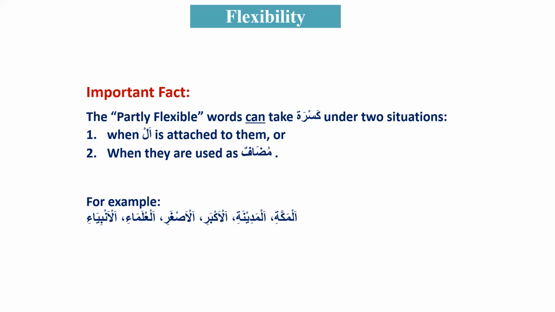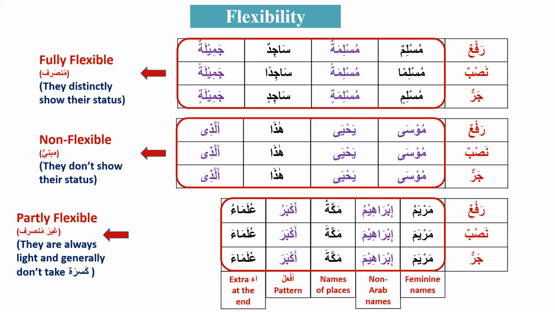So today's objective was to introduce you to three terms: fully flexible words, non-flexible words, and especially the partly flexible words. And remember, partly flexible words are always light, and generally they don't take kasra. They can take kasra if al is attached to them at the beginning or when they are used as mudaf.